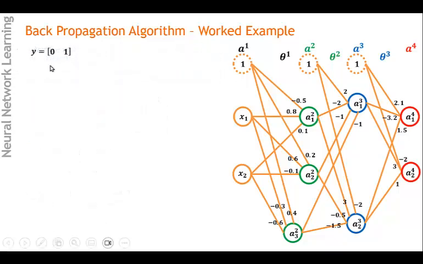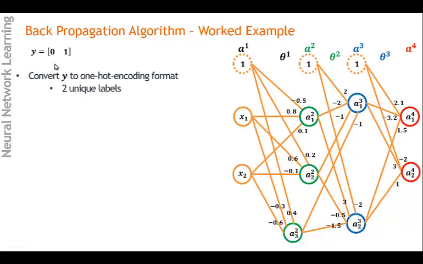Here's my target vector. In this case, he has 2 unique labels, so he should have just 1 output. I'm not sure why there are 2 outputs.